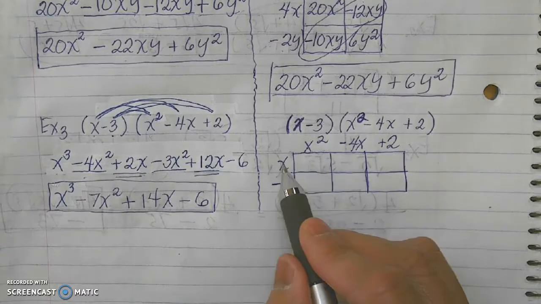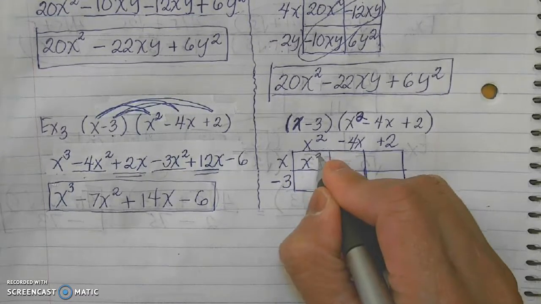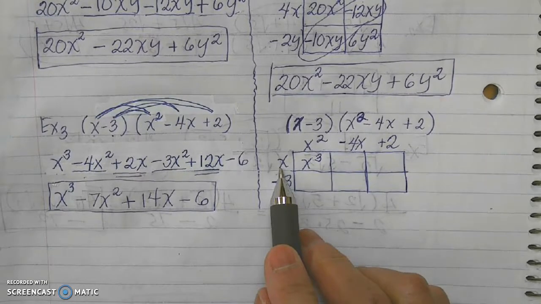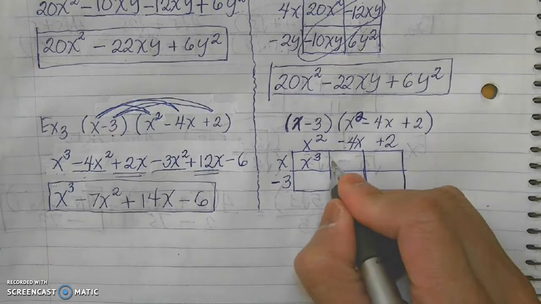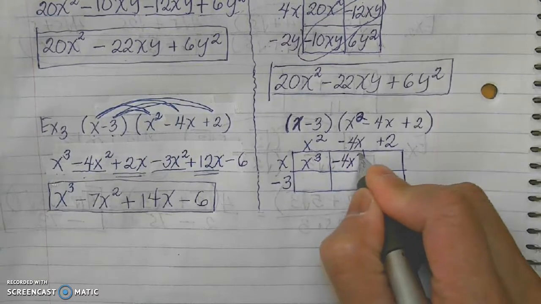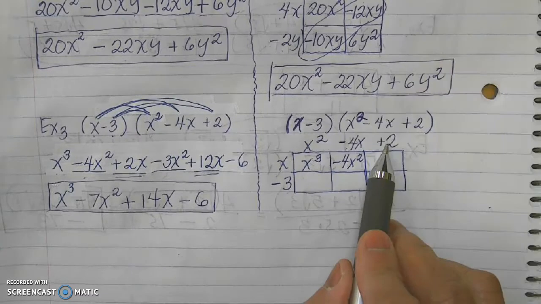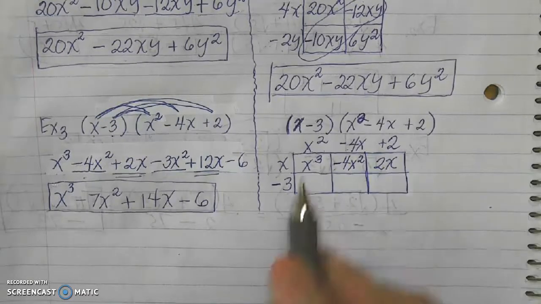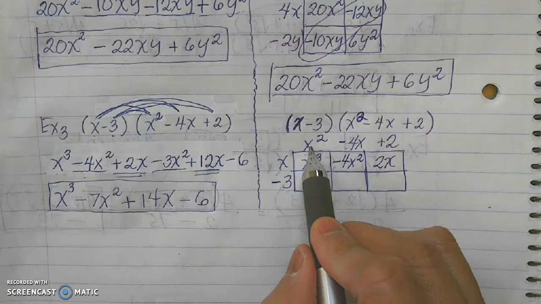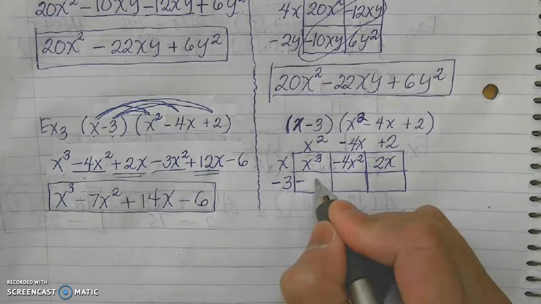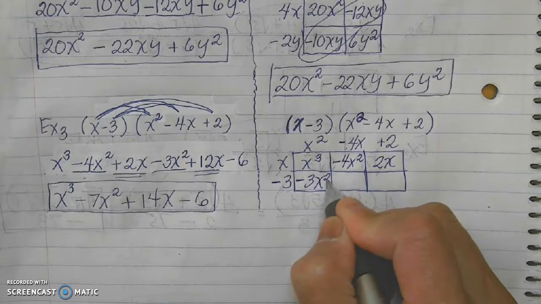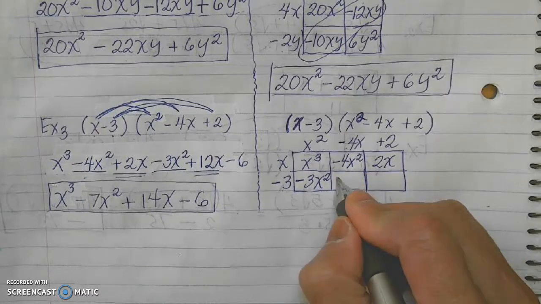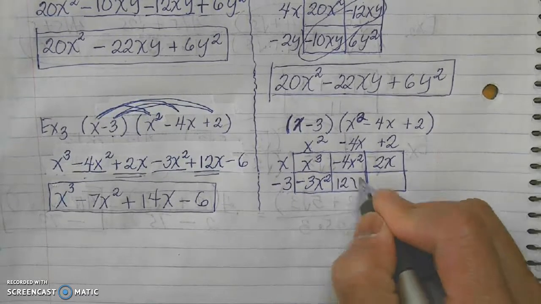Alright, so let's begin. x squared times x is x to the third. Negative 4x times positive 1x is negative 4x squared. Positive 2 times x is 2x. Negative 3 times 1x squared is negative 3x squared. Negative 4x times negative 3 is positive 12x.